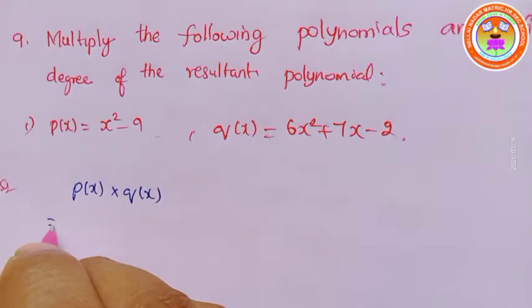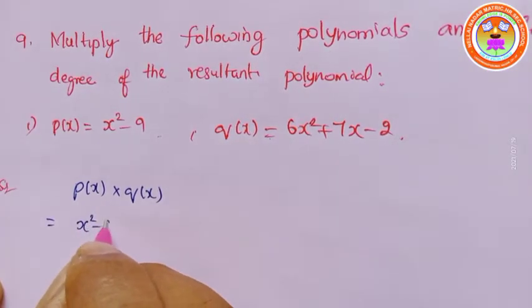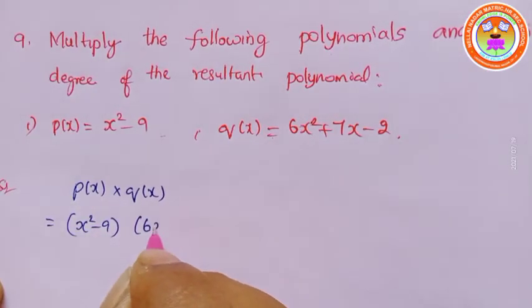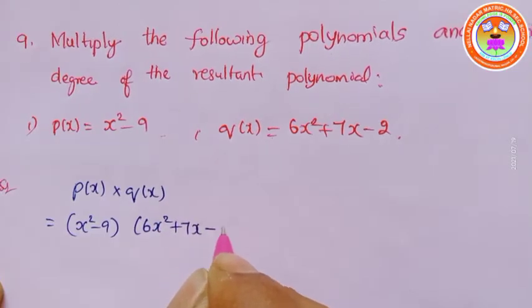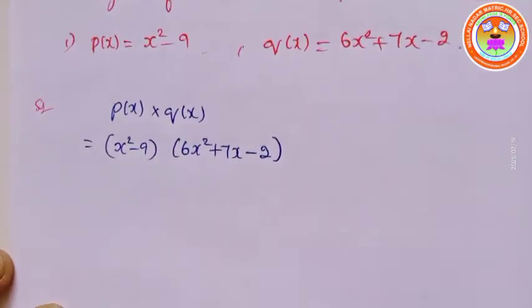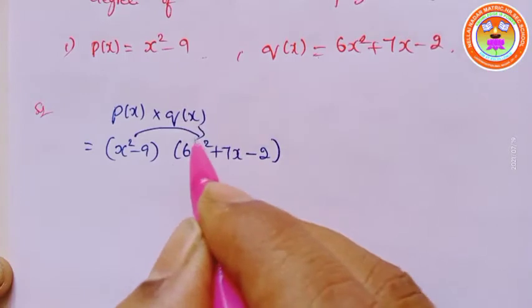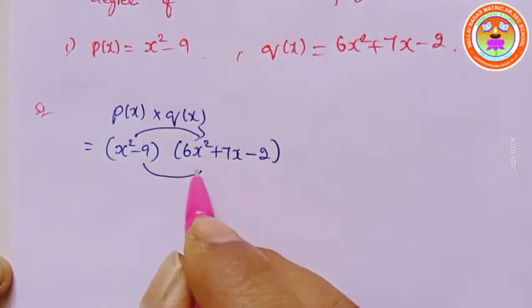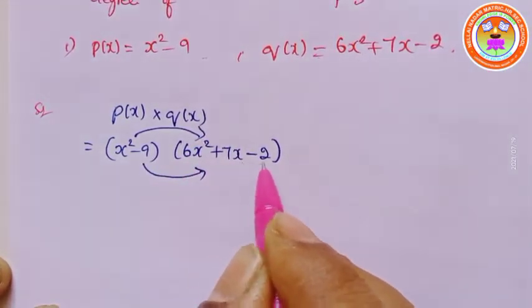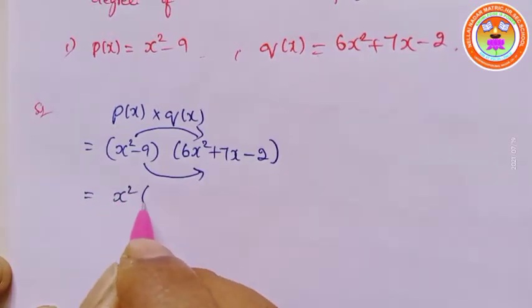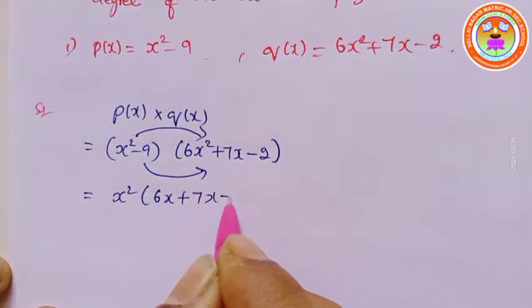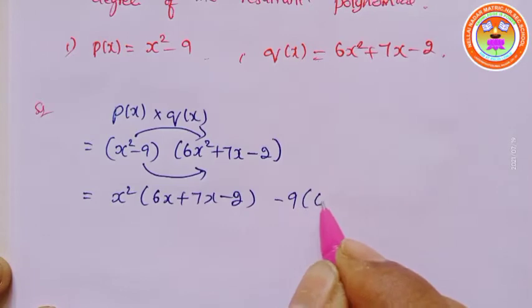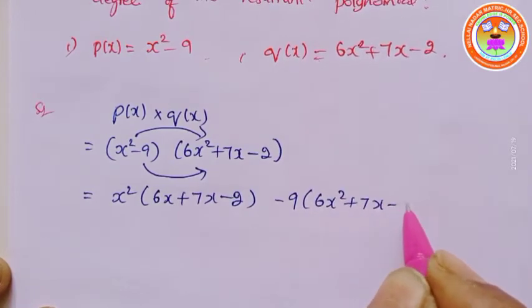P of x is x squared minus 9 into 6x squared plus 7x minus 2. Now you are going to multiply x squared with 6x squared plus 7x minus 2, and minus 9 with 6x squared plus 7x minus 2.